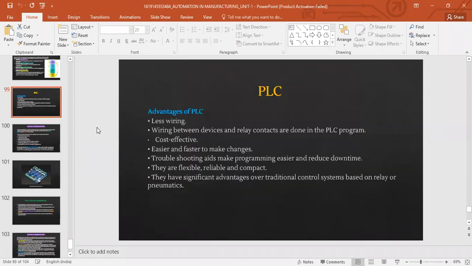So that's why we are saying very little wiring, and wiring between devices and relay contacts is done in the PLC program, right? Because how you're connecting those things is all through the program. You have written a program, so that's in your PLC programming.